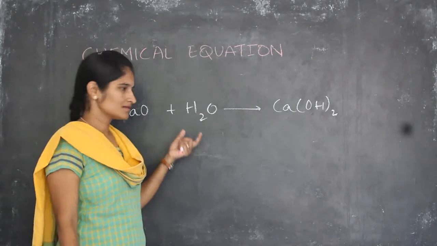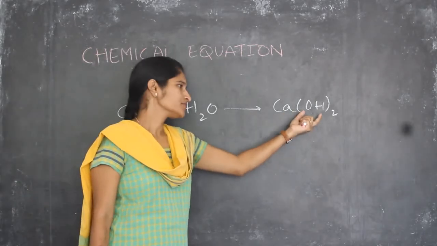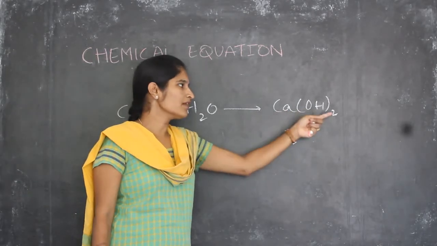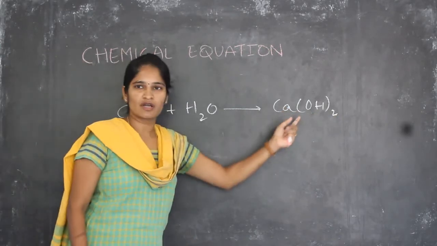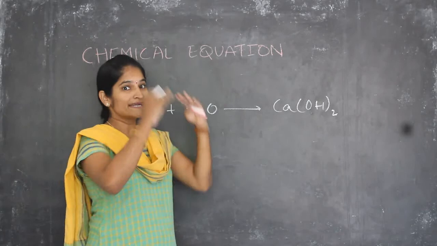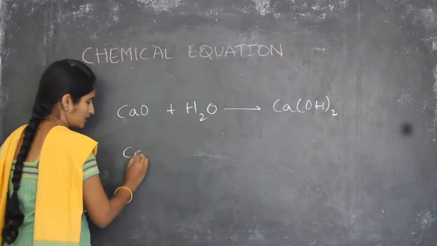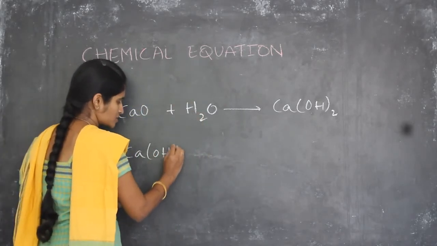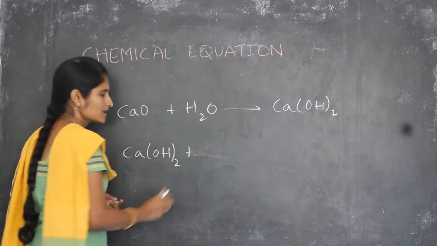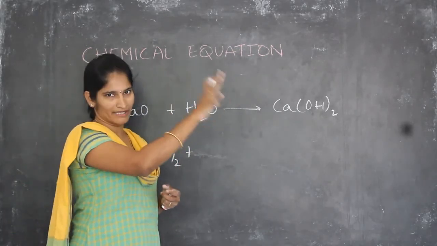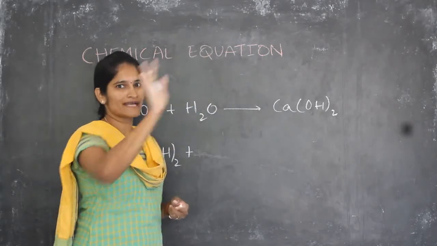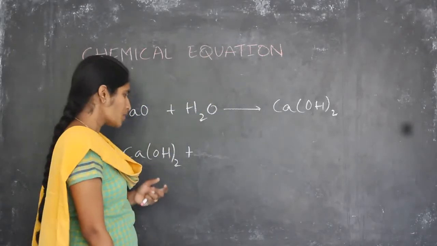Is it clear? So this is nothing but Ca(OH)2. Is it clear? So this is slaked lime. So now what I am doing is painting it on the wall. So Ca(OH)2 plus, what happens when I paint it? The air will be blowing. That means the air comes in contact with the paint. Is it clear? So what happens?